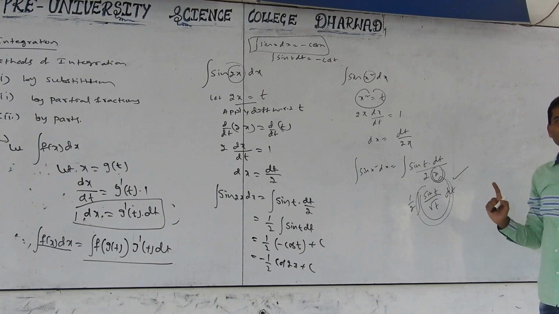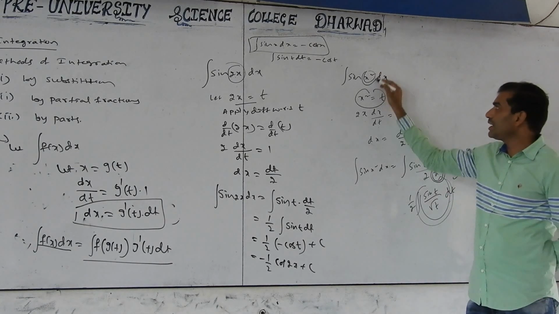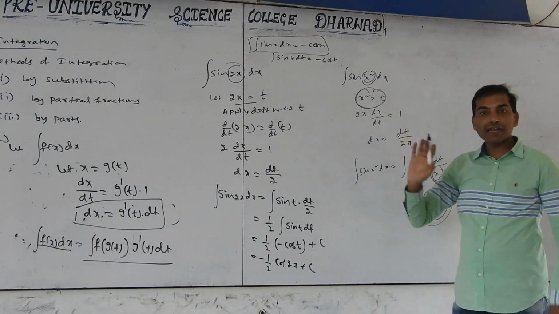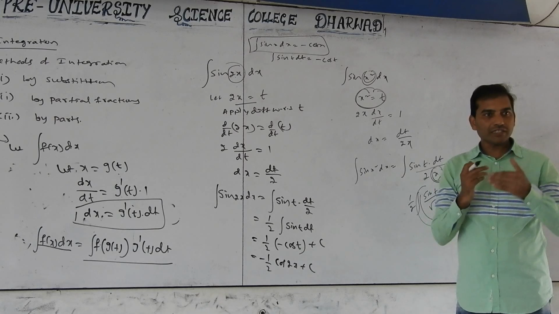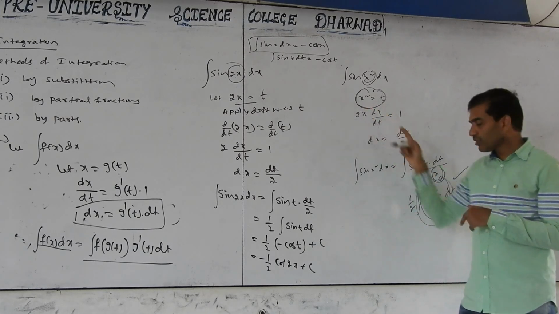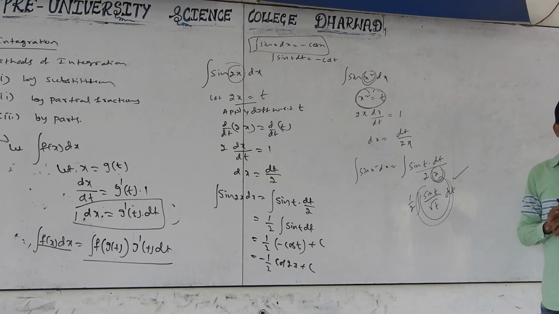So the way how to assume t is most important. Here I took x squared equal to t blindly, but don't take it blindly. When you apply it blindly you will get stuck on what integration to do.